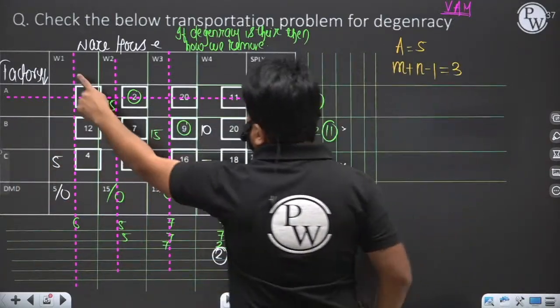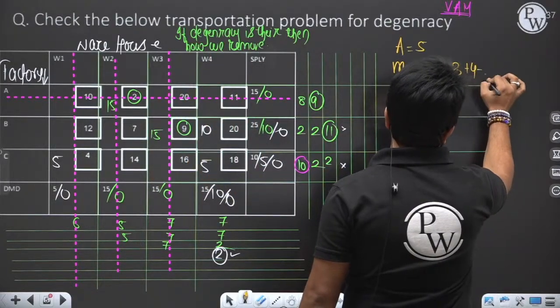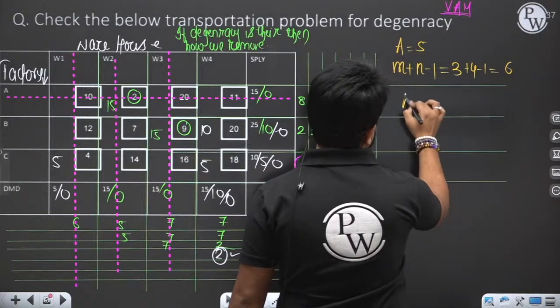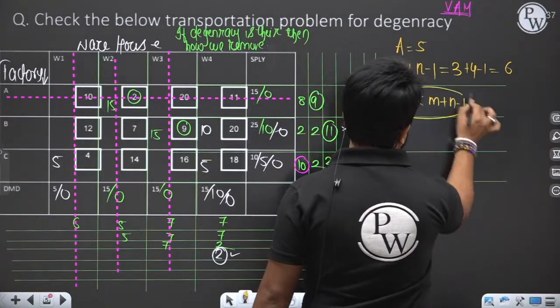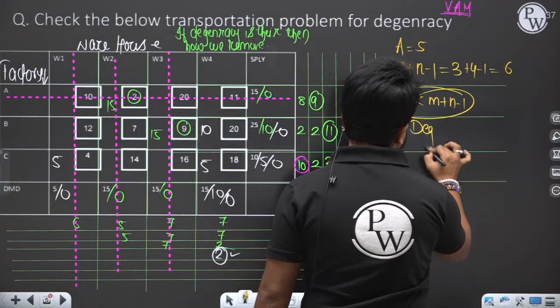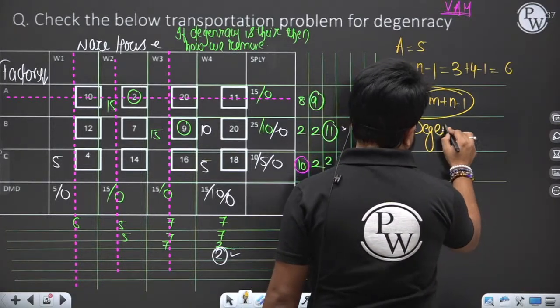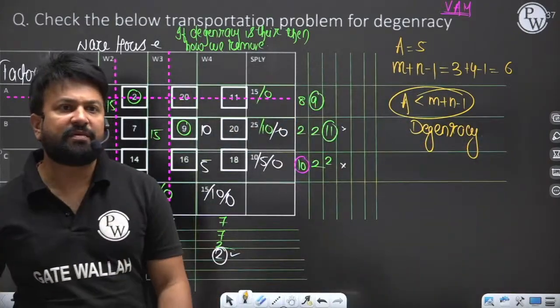N is 1, 2, 3, 4. 3 plus 4 minus 1, that is 6. So the allocations are less than m plus n minus 1. So here there is degeneracy.